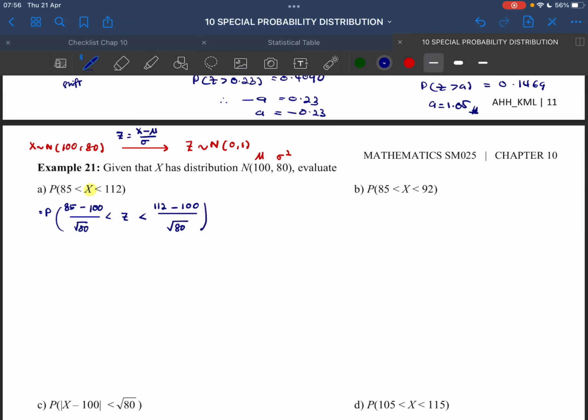Just press your calculator, and make sure to write the answer in 2 decimal places. Here you should get P of negative 1.68 less than Z less than 1.34.